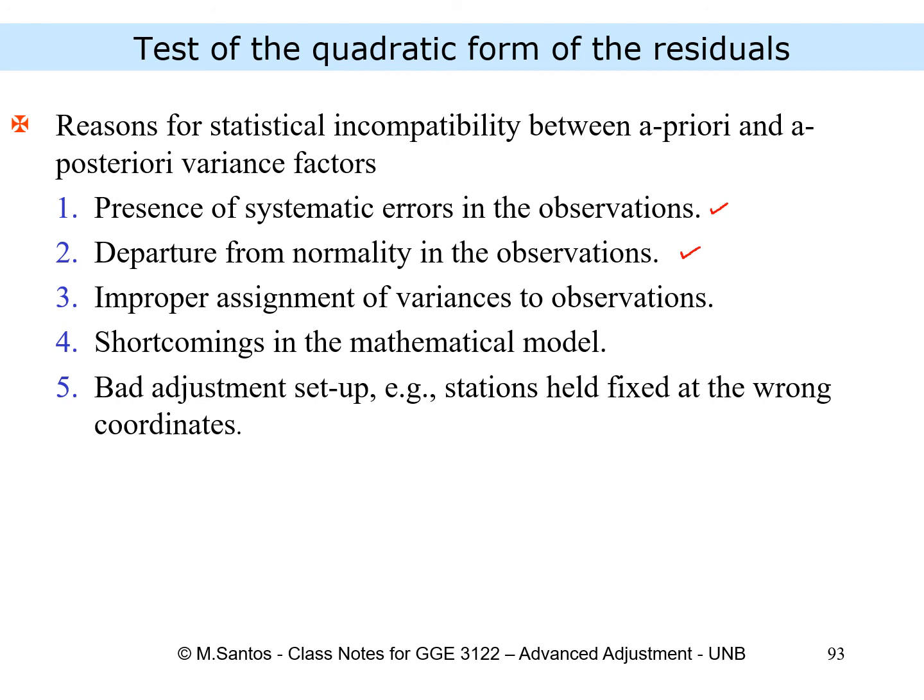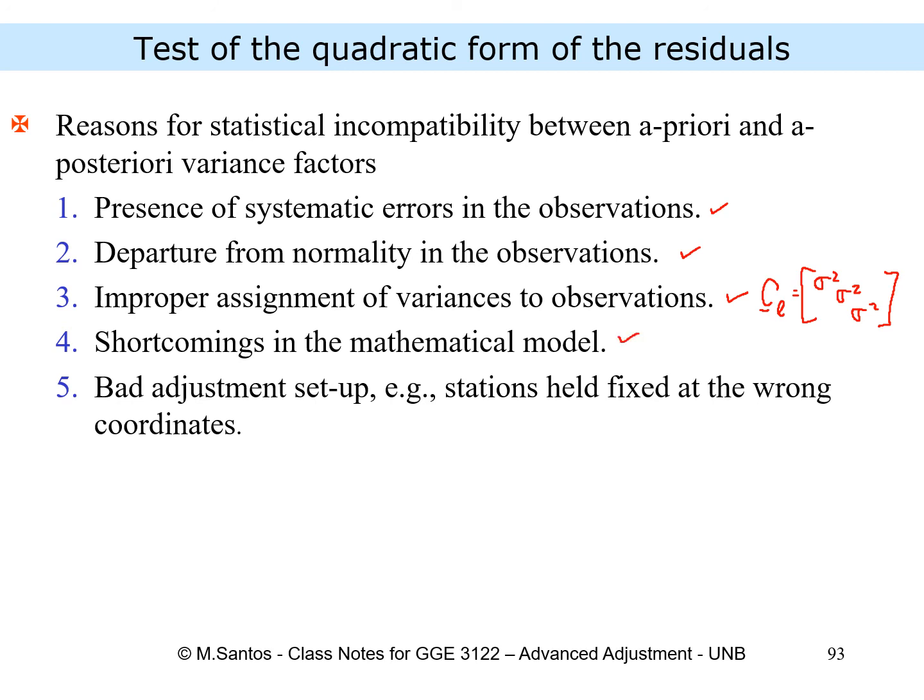Improper assignment of variances to the observations. This basically means that the variances in our covariance matrix of the observations are not really good. They are improper. They may be too large or too small. Shortcomings in the mathematical model.